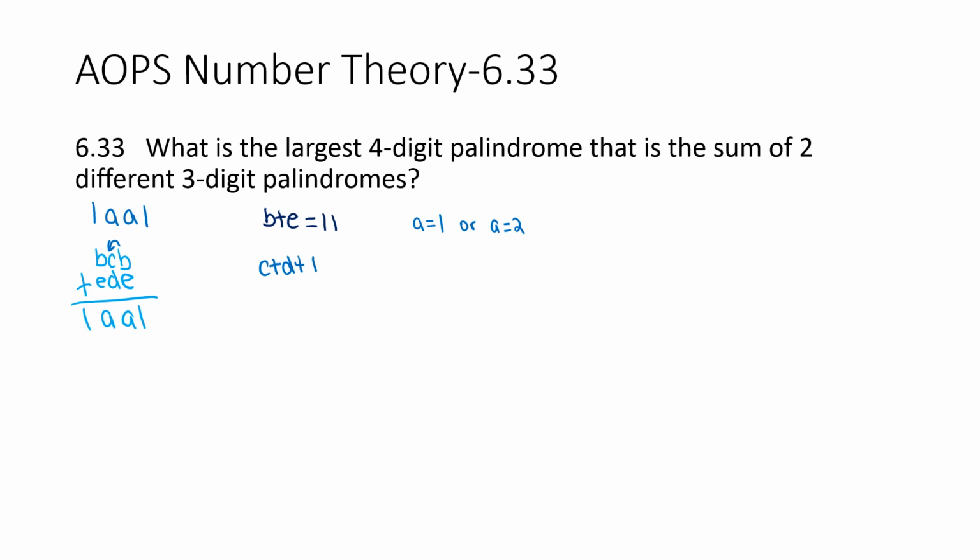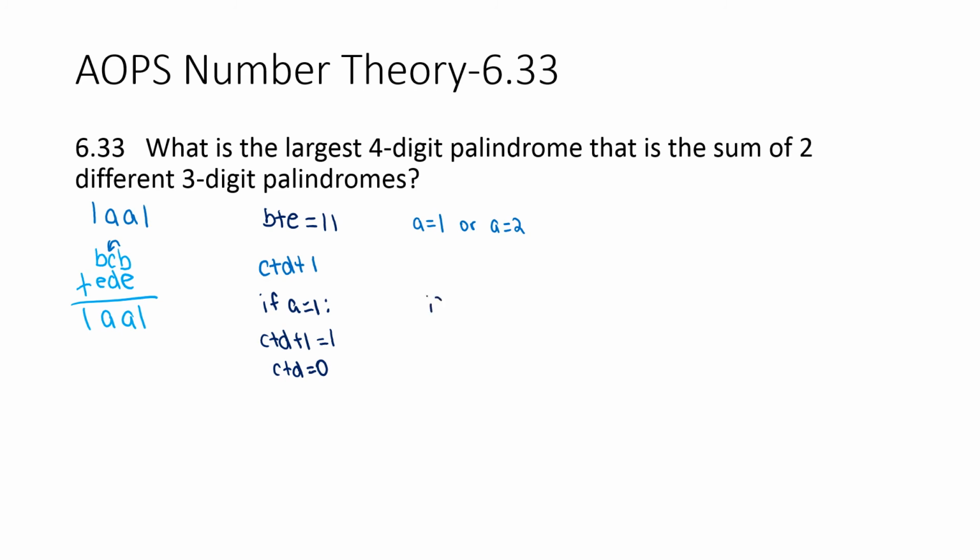If A is equal to 1, that means C plus D plus 1 is equal to 1. So C plus D is equal to 0.